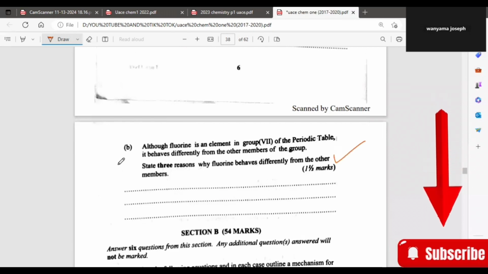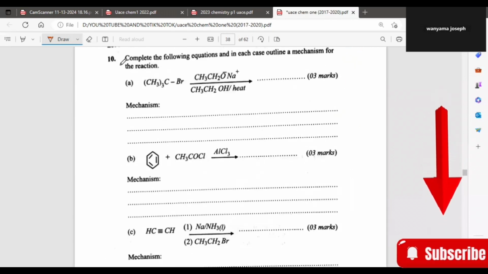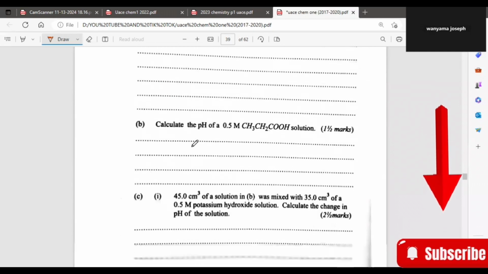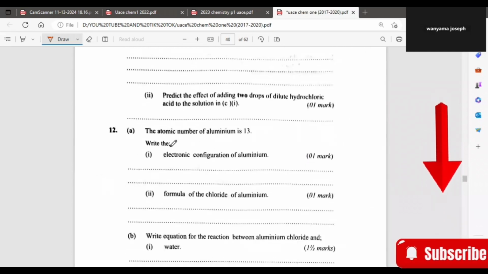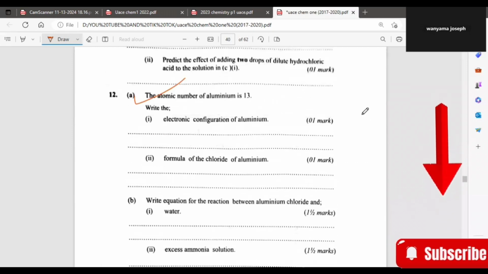So these are some of the properties of this group, fluorine as a member of group 7. Number 10 is organic, an obvious question. Number 11, physical question. Number 12 is an inorganic question.